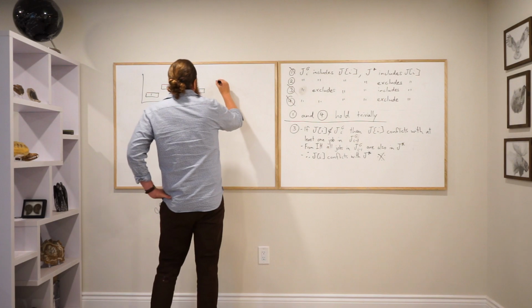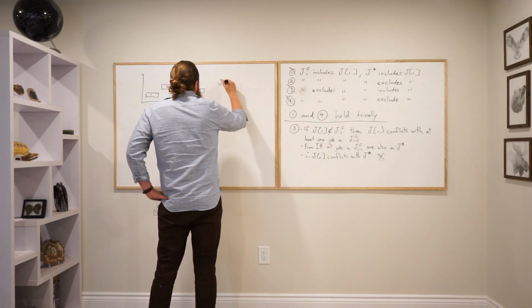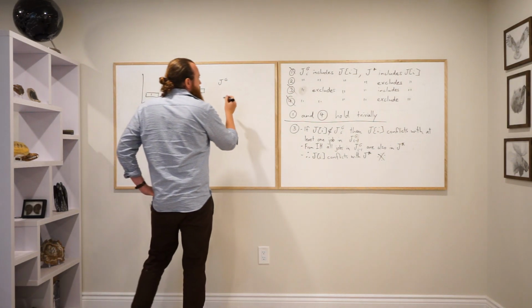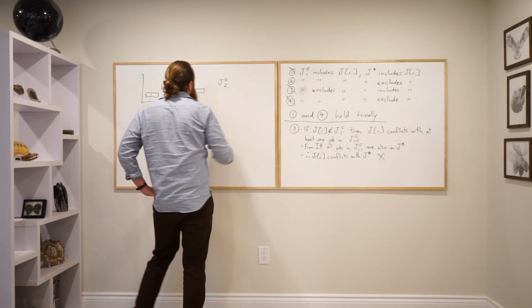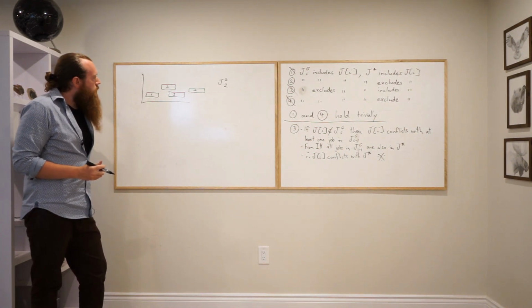What's JG, let's say 3. Actually, let's say 2. JG2. What does this look like?